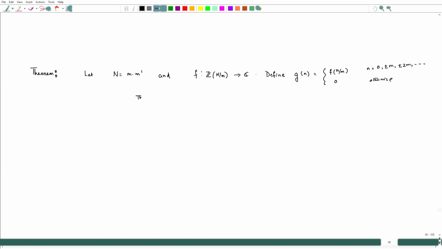Then g hat of k is equal to 1 by m times f hat of k.